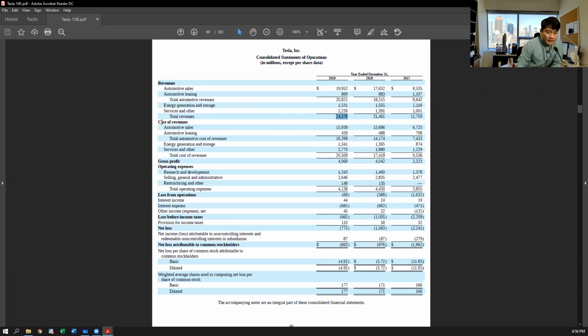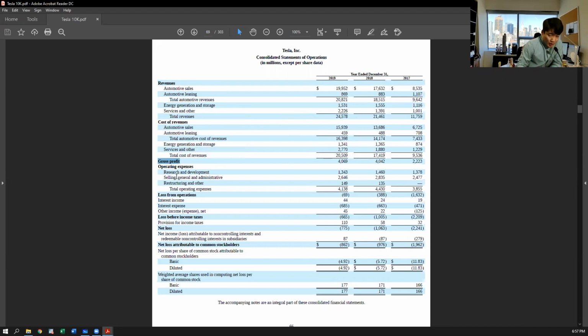And below that, there's cost of revenues or cost of goods sold. The company reports all sorts of costs of goods sold, and as you can see right here, the company reports gross profit. Again, revenue minus cost of goods sold gives you the gross profit.